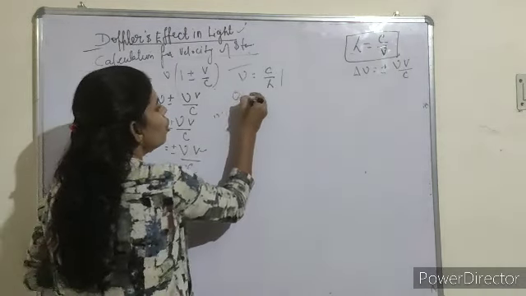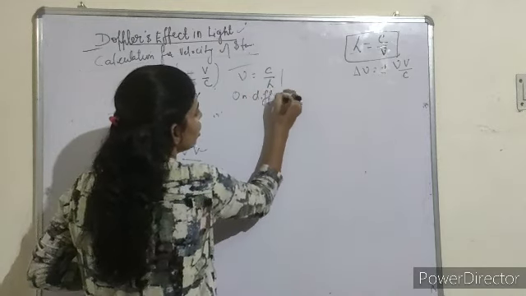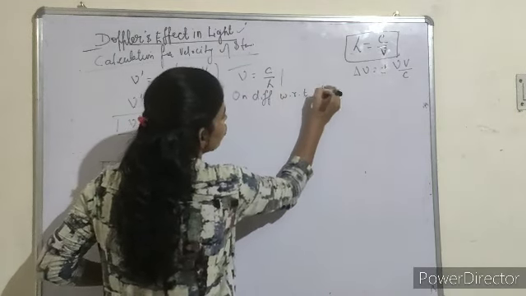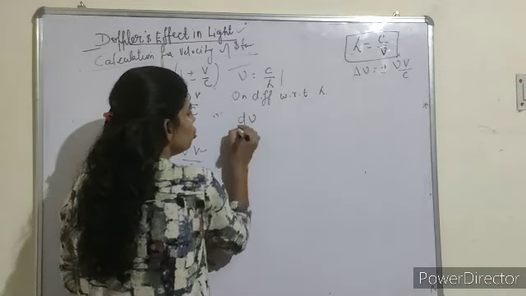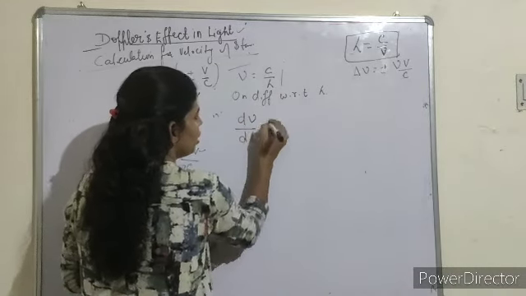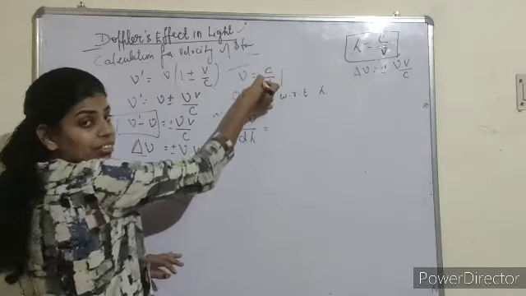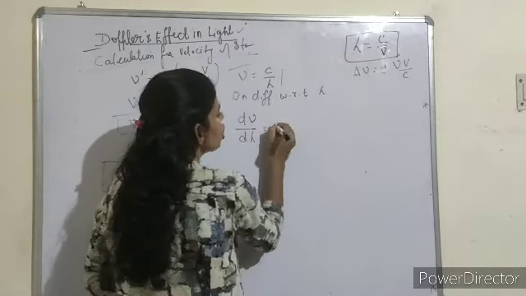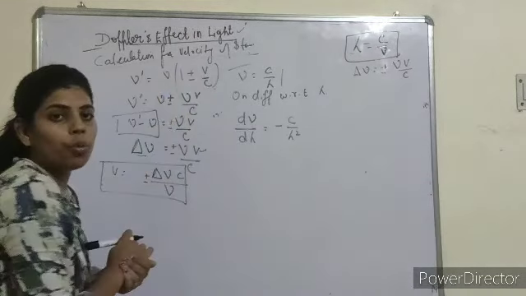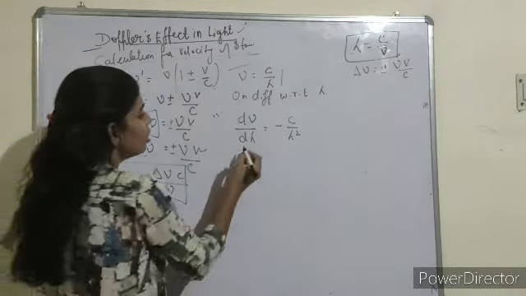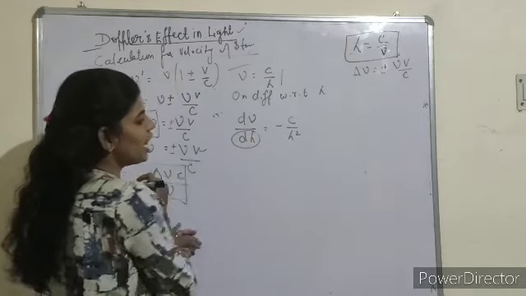So on differentiating with respect to lambda, you would get d nu by d lambda is equal to, इसको आपको पता है डिफरेंशिएशन करना है, इसका डिफरेंशिएशन करोगे it would be minus c by lambda square. I hope I'm clear. From here we can find out the value of d lambda.